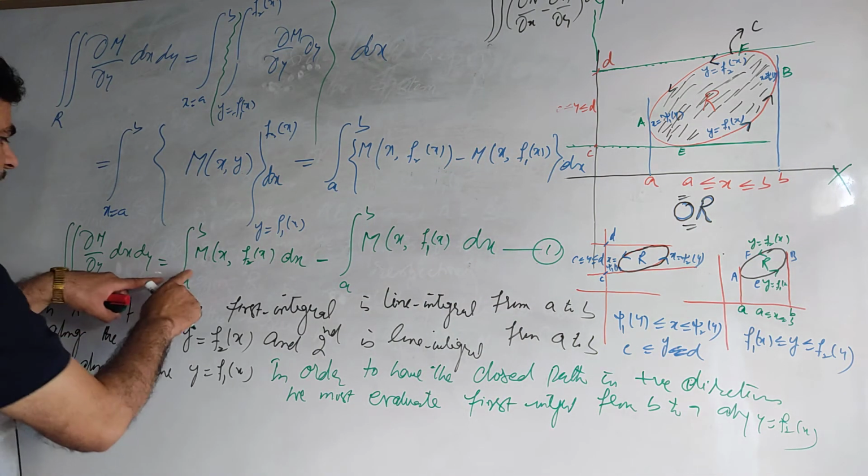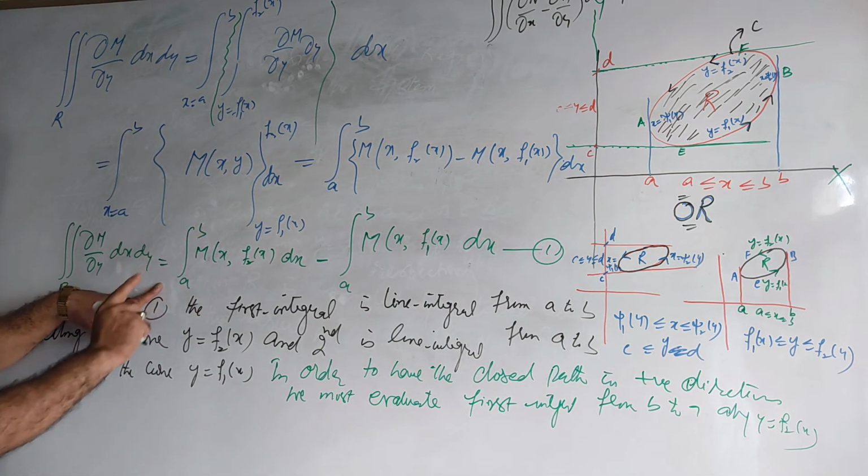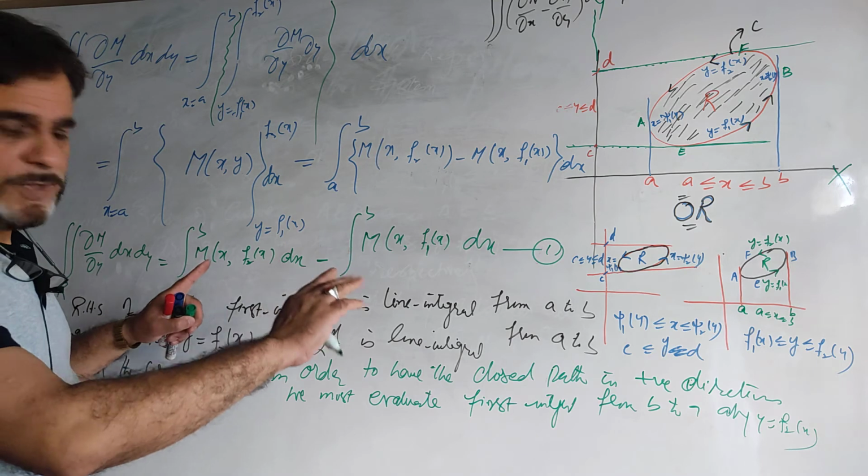So we must evaluate this not from A to B, from B to A. Then we will have a positive path.